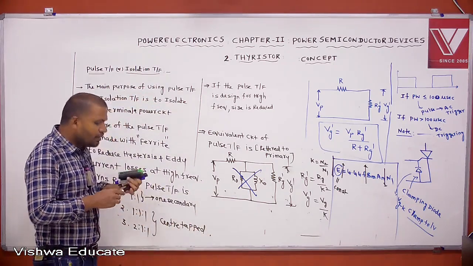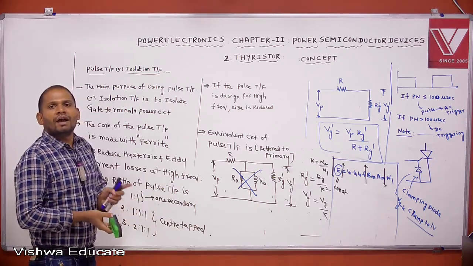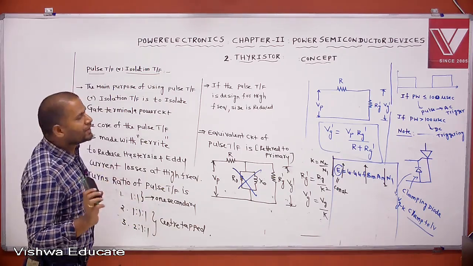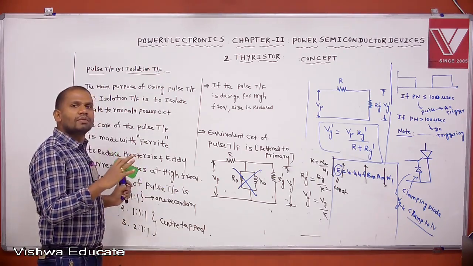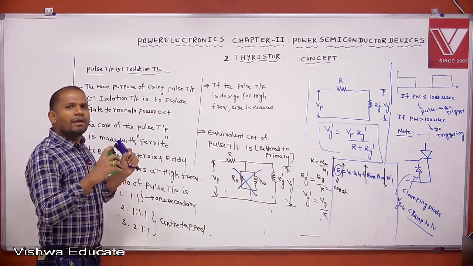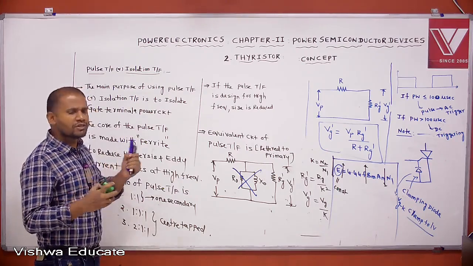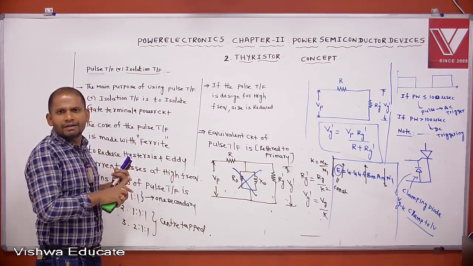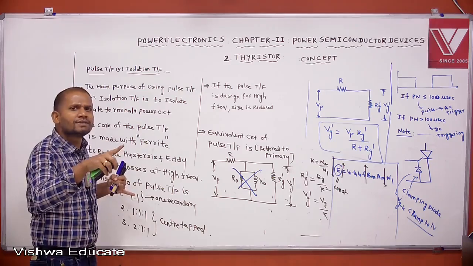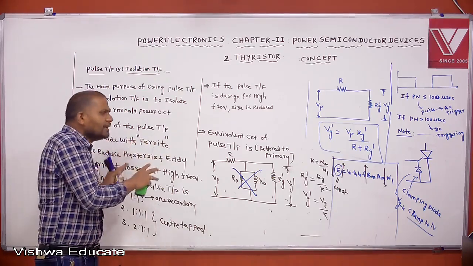With this, the concept of gate characteristics, DC triggering and AC triggering is completed. Now based on this concept, we'll see some classroom workbook questions. In the next session, I will continue with classroom workbook questions based on switching characteristics, that is turn on and turn off characteristics, and on gate characteristics.